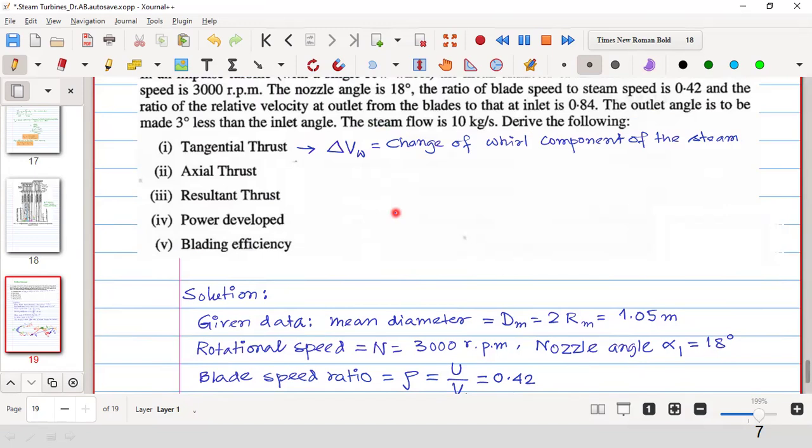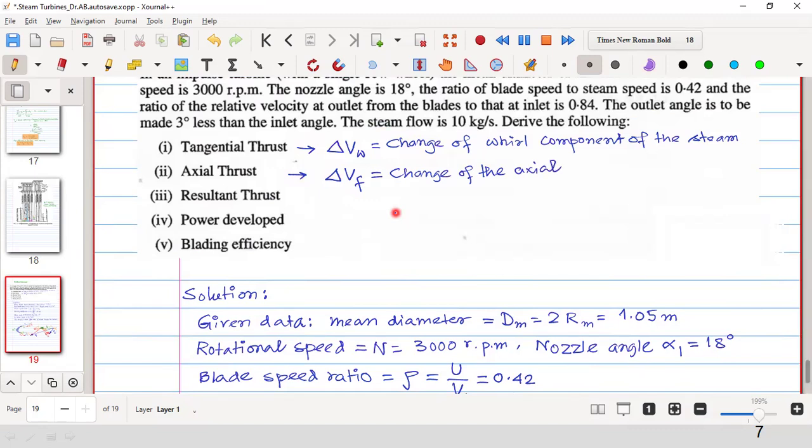Okay. And axial thrust is what? Axial thrust is related to delta V F. We have seen in the last class. So that is the change of the axial component.